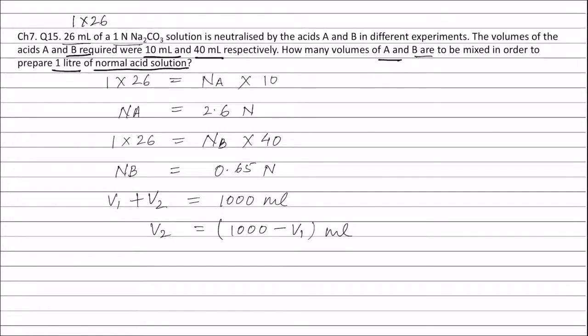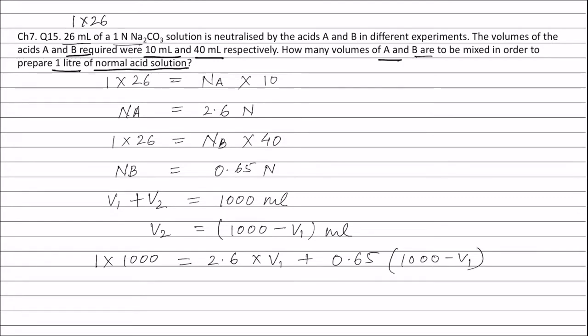Now normality into volume of final acid solution, that is 1 into 1000, is equal to normality of A, that is 2.6, into volume of A, that is V1, plus normality of B, that is 0.65 N, into volume of B, that is 1000 minus V1 milliliters.